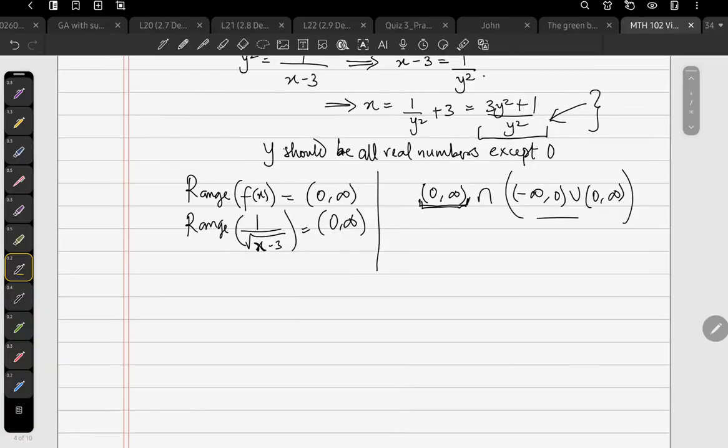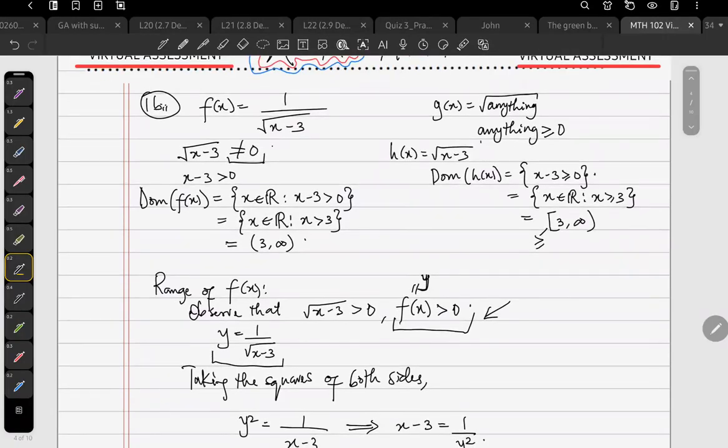Once you have those, you remove them from the real numbers, and what you're left with is the domain. If you have a function that has a square root in it, you look at what is underneath the square root and set it greater than or equal to 0. That is what I've written here. When you solve that inequality, whatever you have is the domain of the function.